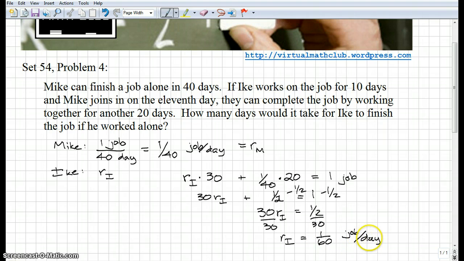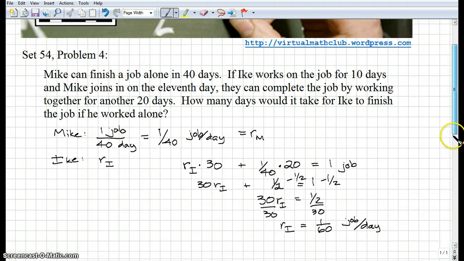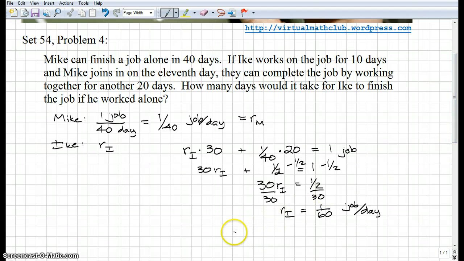So he can complete 1/60th of a job each day. So obviously it would take him a full 60 days to complete one job, which is what we're supposed to find. How many days would it take Ike to finish the job if he worked alone? The answer here is that Ike could finish the job in 60 days.